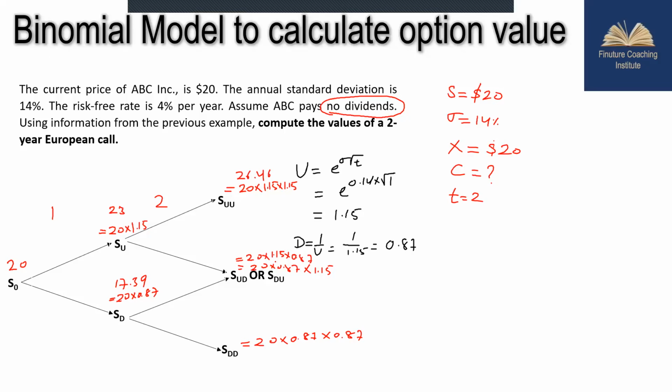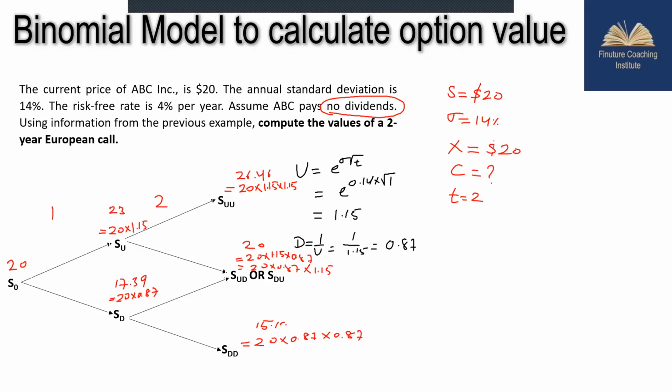And over here, because U and D are reciprocal of each other, 1.15 and 0.87 will get cancelled. Again, you will come back to 20 over here, and it would be around 15.12. Now we have the stock price at all the nodes.